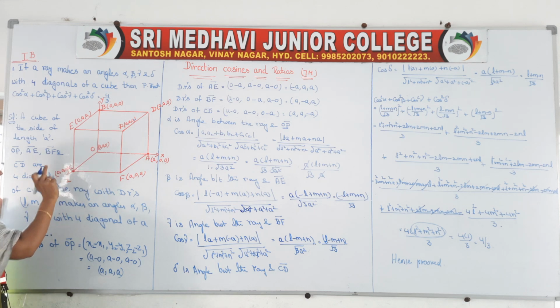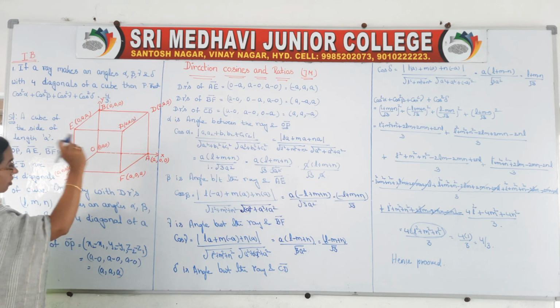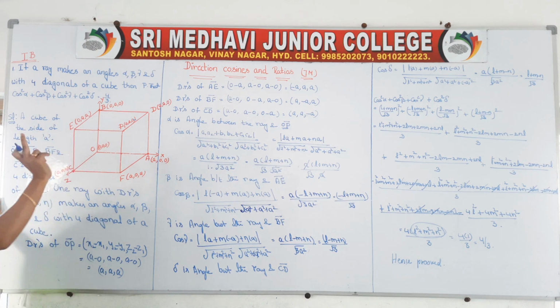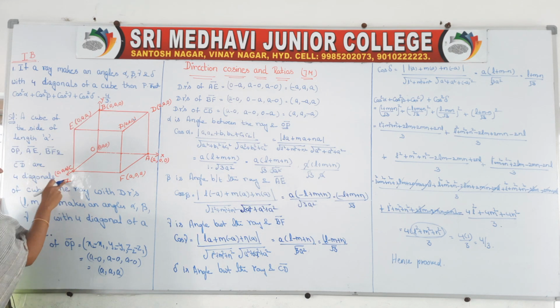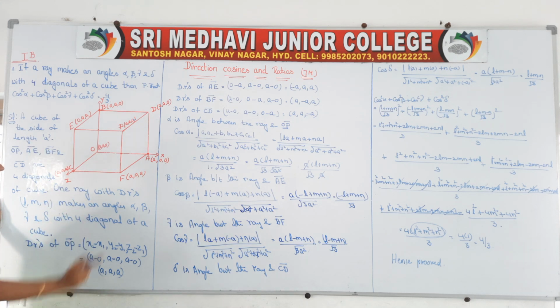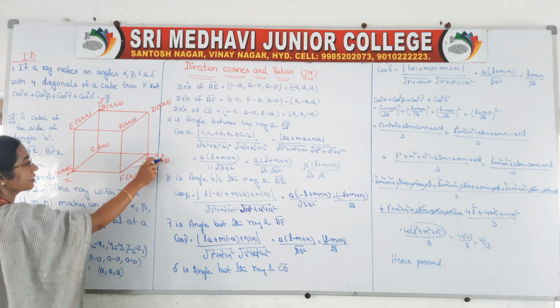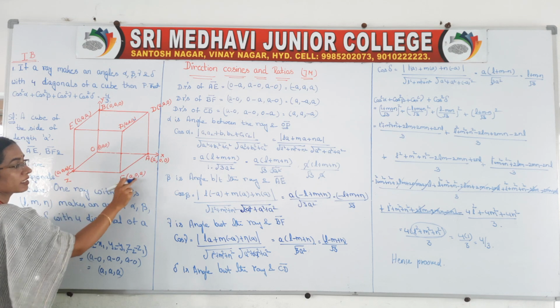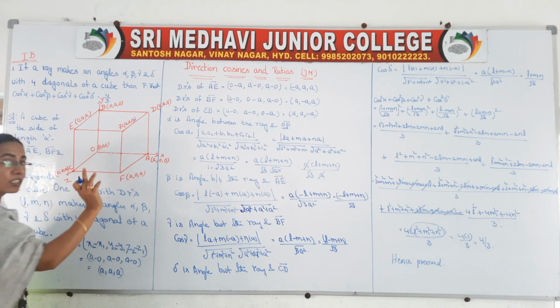And C lies on z axis only, z coordinate will be there. So (0, 0, a), and D lies on the xy plane, that's why x coordinate, y coordinate will be there. E lies on the yz plane, that's why y coordinate, z coordinate will be there. F lies on the xz plane, that's why x coordinate and z coordinate will be there.